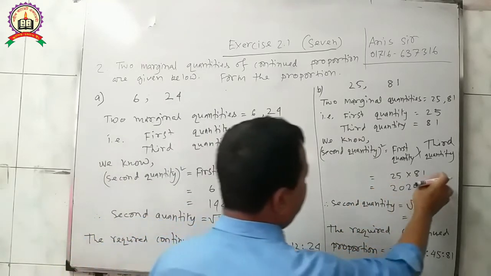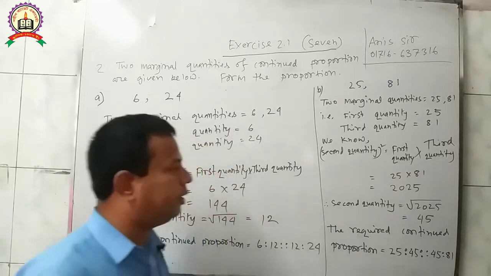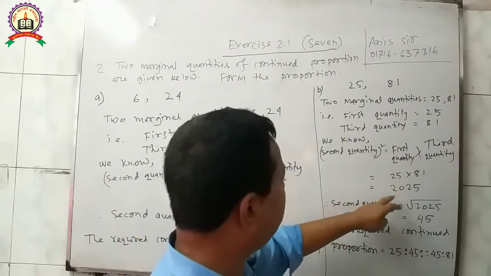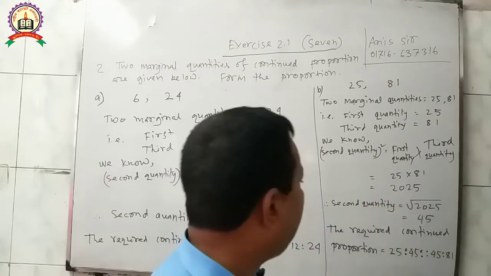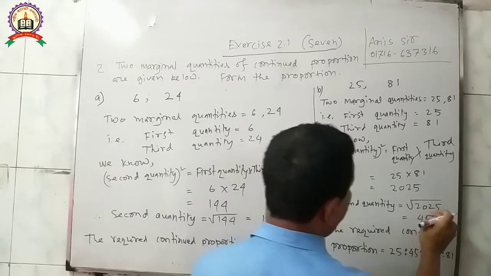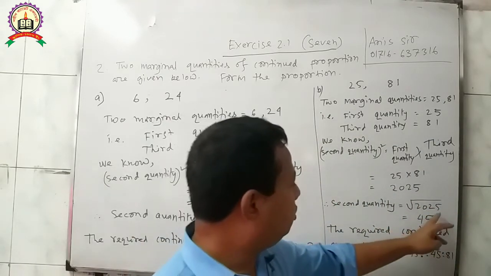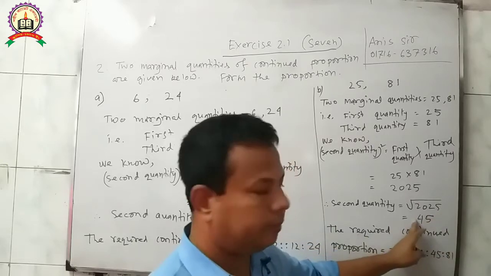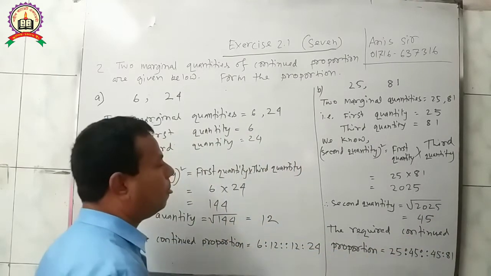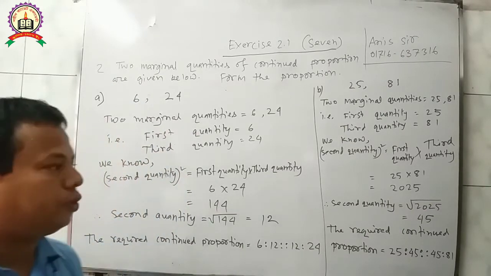So 25 into 81 we get 2025. So second quantity square we get 2025, and second quantity equal to root over 2025, and the square root of 2025 we get 45. So now we have to form the continued proportion.